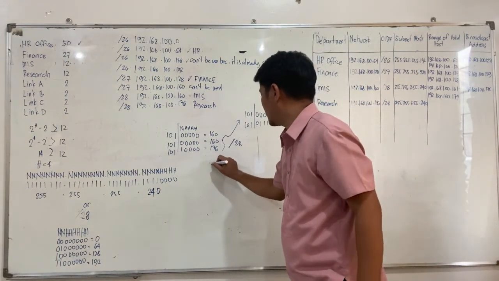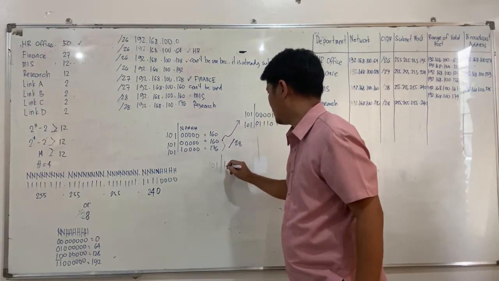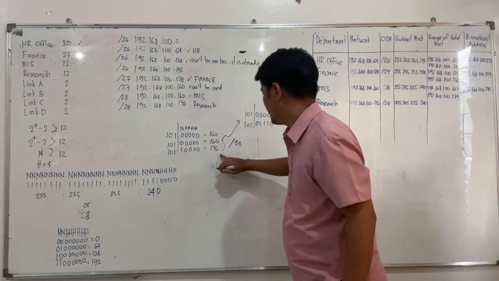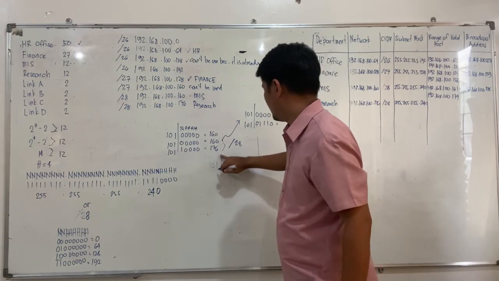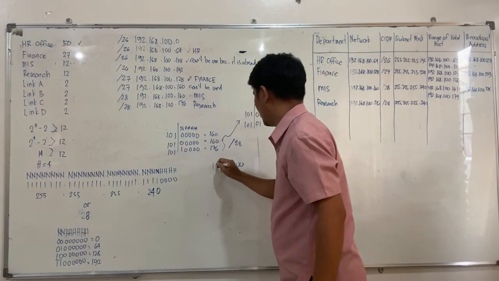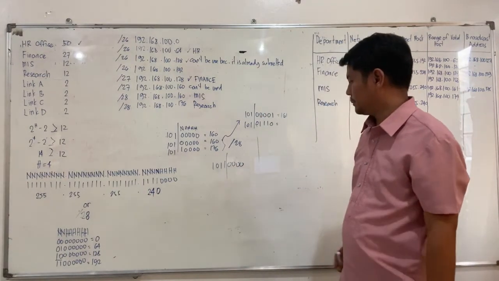We have 1 0 1 1 0 0 0 1, so this is for the host bits.